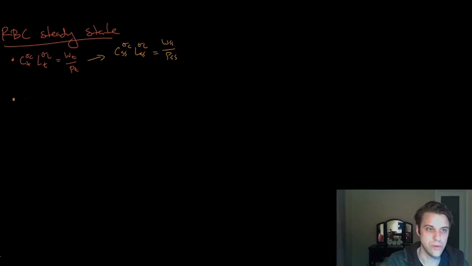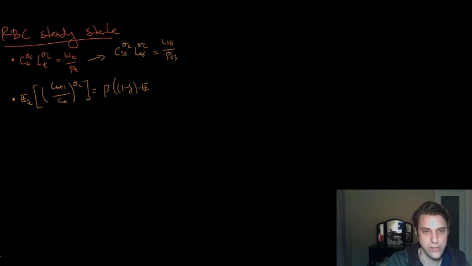The next equation we'll look at is the Euler equation, which is the expectation at time t of C_t+1 over C_t^σc is equal to beta times 1 minus delta plus the expectation at time t of R_ss divided by P_ss.